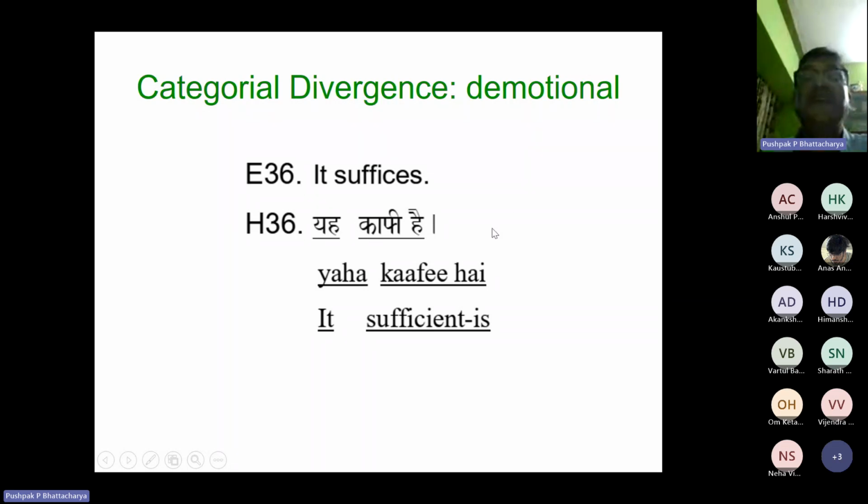Prepositions, conjunctions, all these function words are at the lowest category. So categorical divergence of demotional kind is illustrated here. It suffices. यह काफी है. So suffices is a verb, the highest level of category. काफी है. काफी is an adjective and है is an auxiliary verb. So there has been a demotion from a verb to an adjective and then an auxiliary verb.